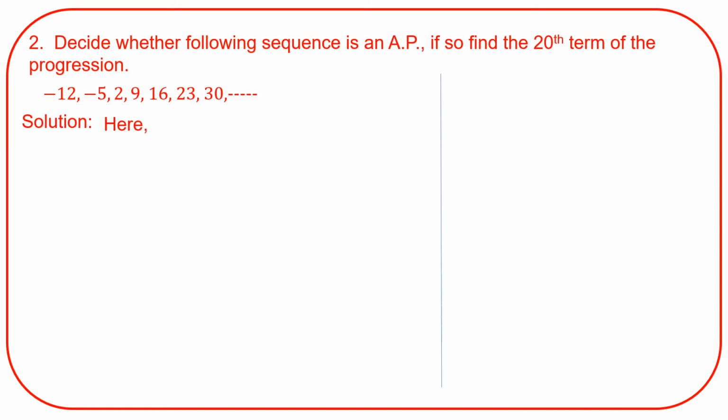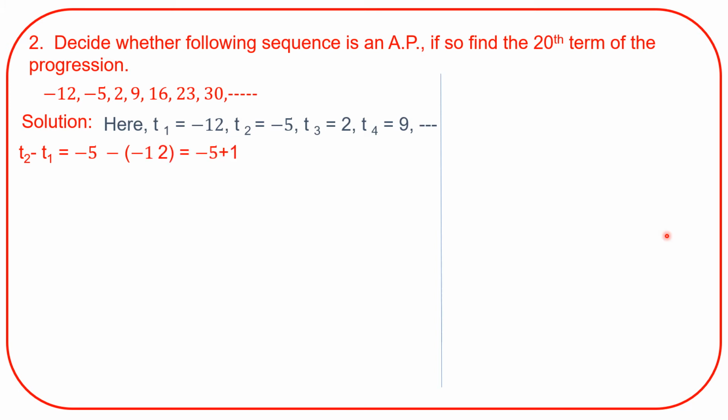Here T1 is equal to -12, T2 is equal to -5, T3 is 2, T4 is 9, and so on. The first part of the question, we already solved this type of example in practice set 3.1. T2 minus T1 is equal to -5 minus in bracket -12, is equal to -5 plus 12, is equal to 7.